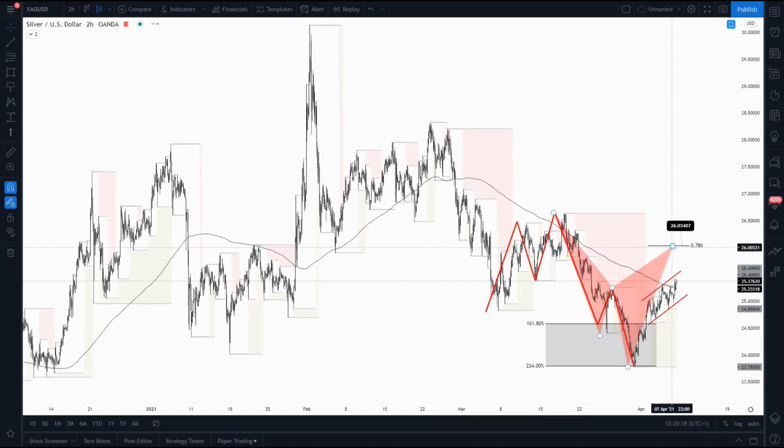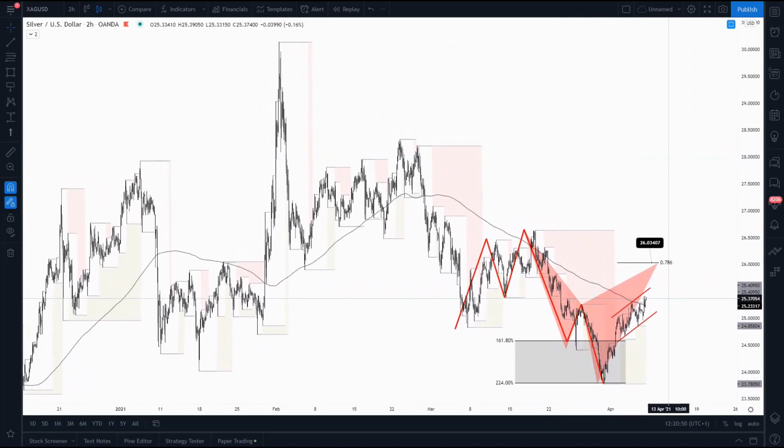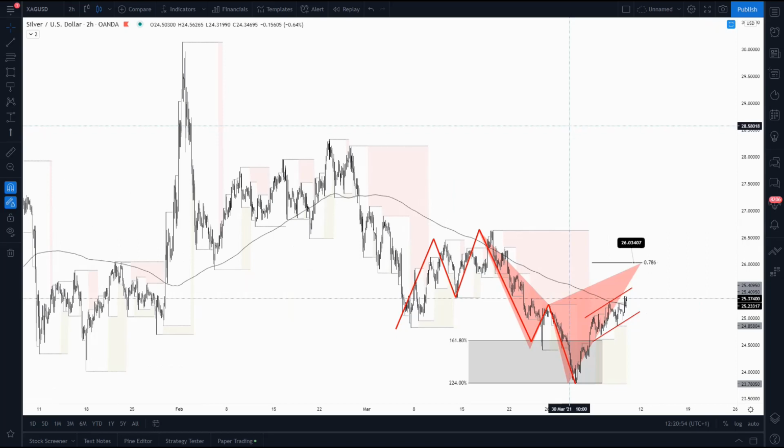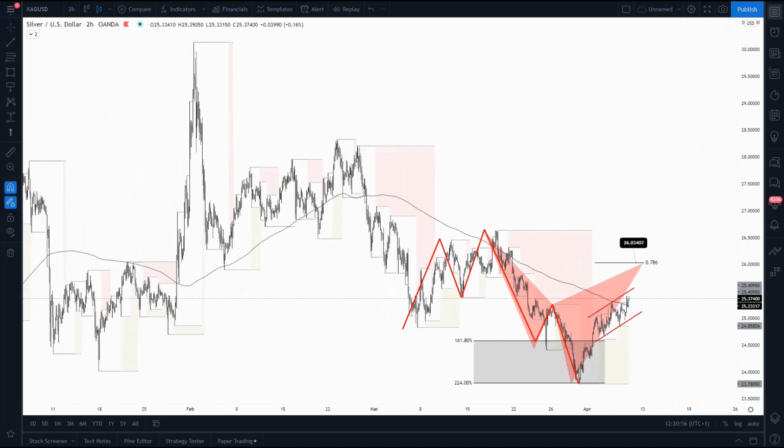That's what it is. We have that cipher pattern projected at the 78.6% Fibonacci retracement level. So if that pattern forms, or completes, it will suggest another retracement for silver.